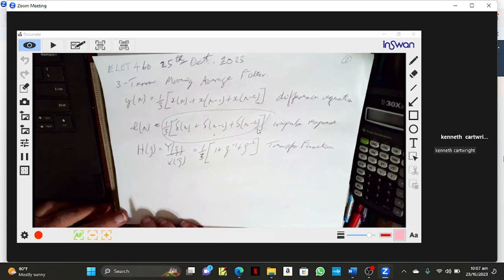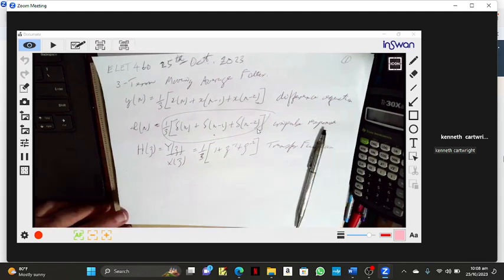Just did this last class. Anybody, what's the frequency response? Remember the frequency response was H open bracket e to the power j omega.